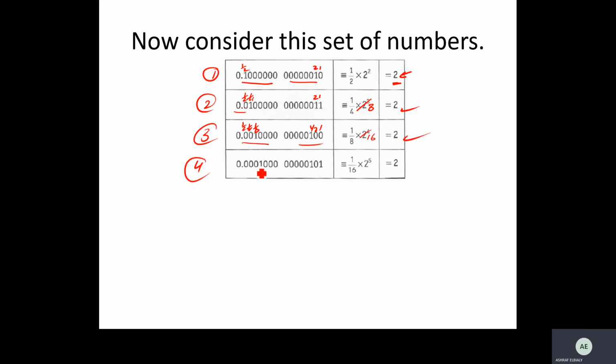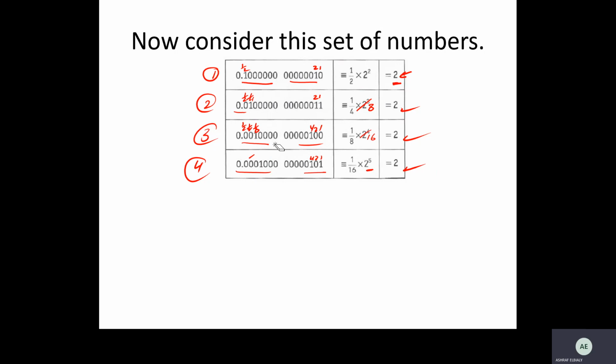Example number 4 is also a representation where the mantissa has the value of half, quarter, eighth, 1/16, and the exponent is 4 plus 1, which is 5. The exponent is 2 to the power of 5, which is 32. 32 divided by 16 is also going to be 2.